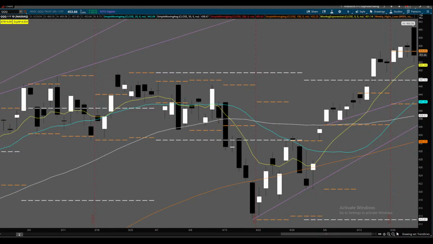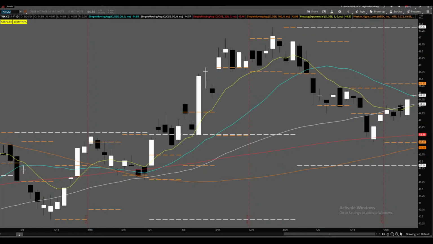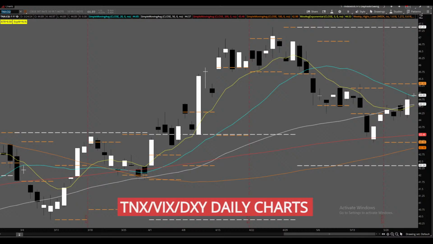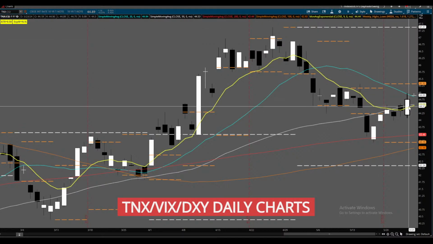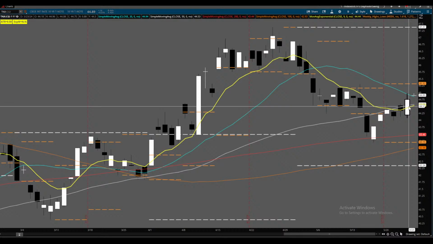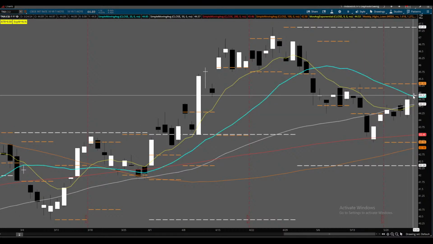Now let's concentrate on our triple-headed monster, okay? So yields are rising. The 10-year yield is up 0.31%. So you can see it's continued to rise.